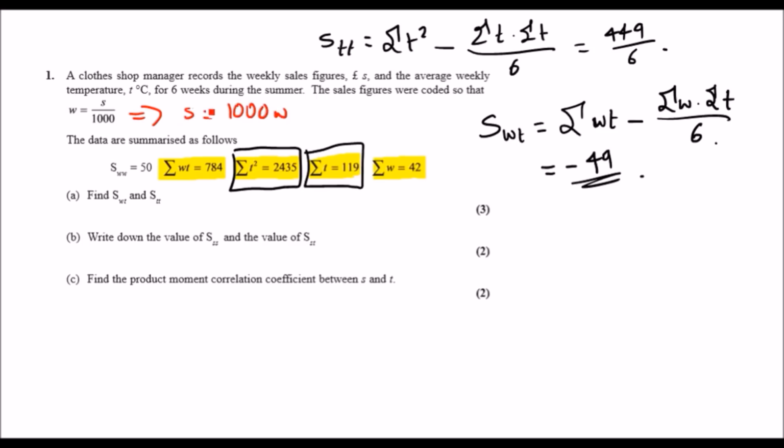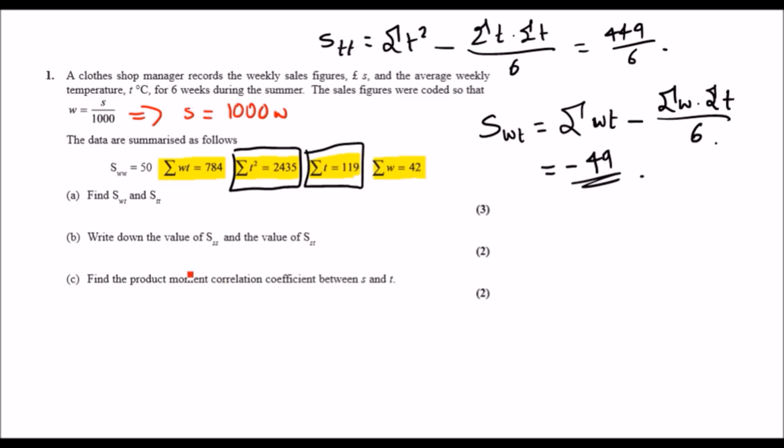Now, one property of the sum of squares is that it kind of works like variance. The sum of squares means we need to find a squared multiplier for this expression. Since we know that SWW here is 50, this SSS would be 50 times the square of 1,000, because that's how it works. The sum of squares is the squared expression.